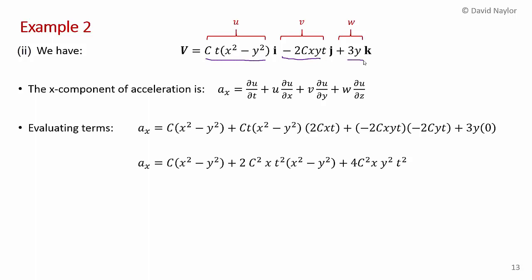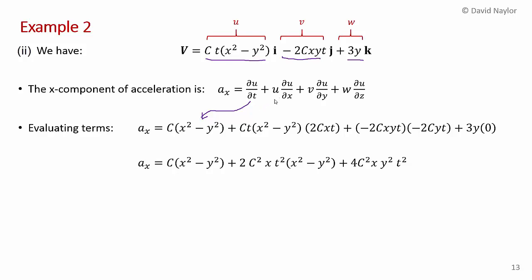So now we can evaluate these terms. What we're evaluating here is du dt, which is going to treat all the other variables as a constant when taking the partial derivative with respect to time. So that's just going to become c x squared minus y squared.